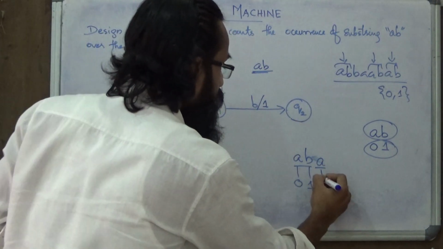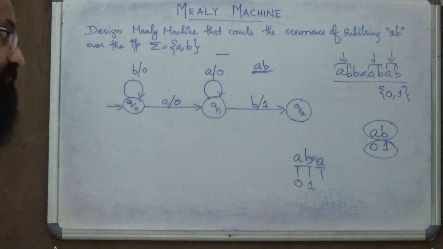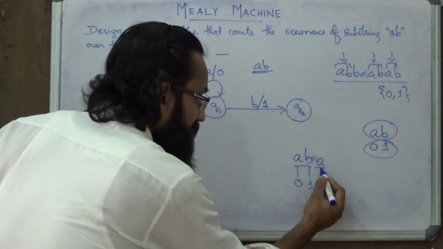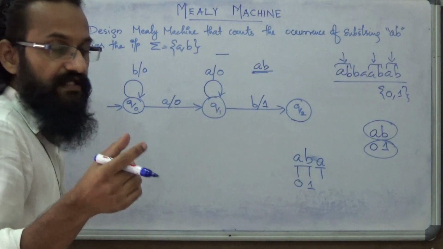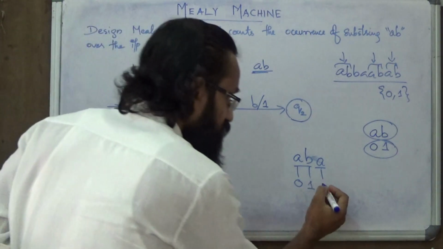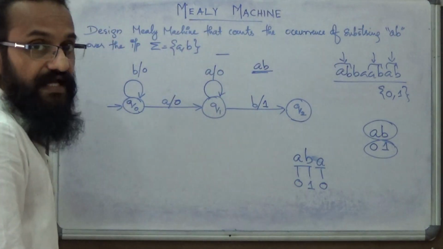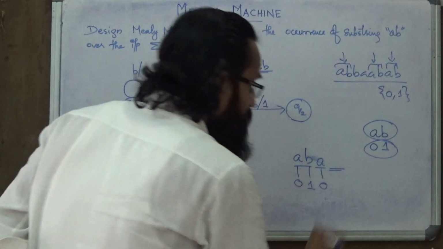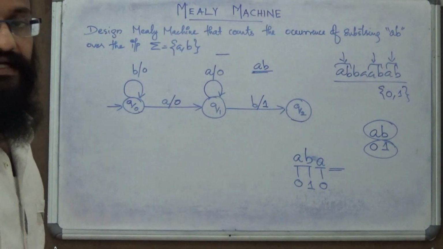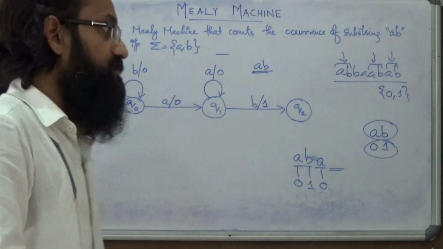So what about the output associated with this A transition? While adding this A, the number of occurrences of substring AB will never get increased. So output attached to that A transition must be 0. Now what about the remaining minimal string so that you can attach output 1 to the output string?